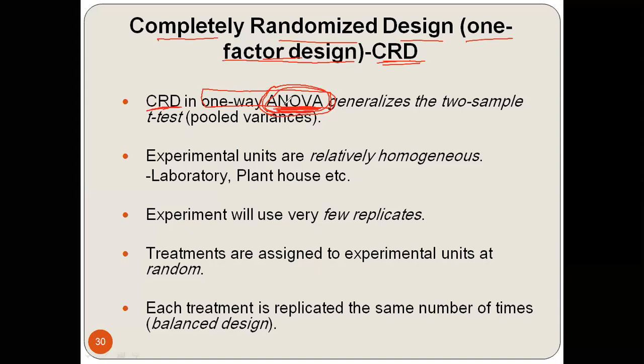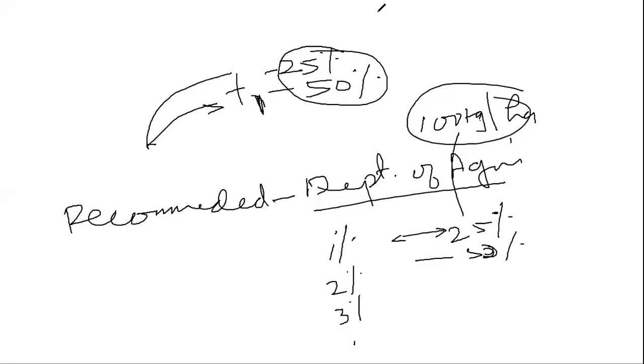So this is a one-way ANOVA, which generalizes the two sample t-test. Can you remember we said two sample t-test, right? Let's say I have T1 and T2.